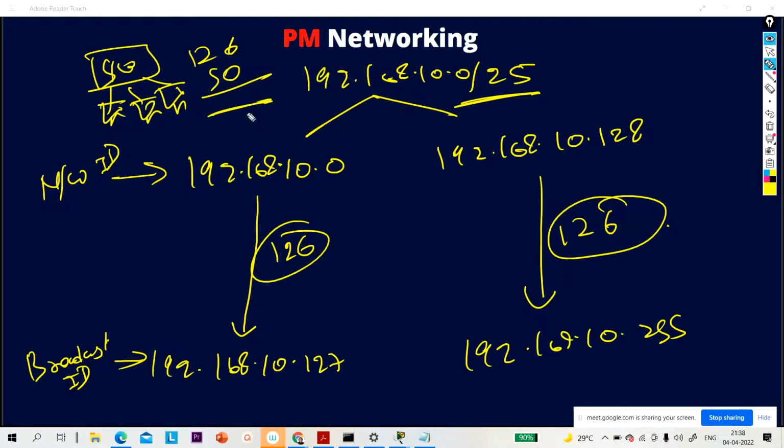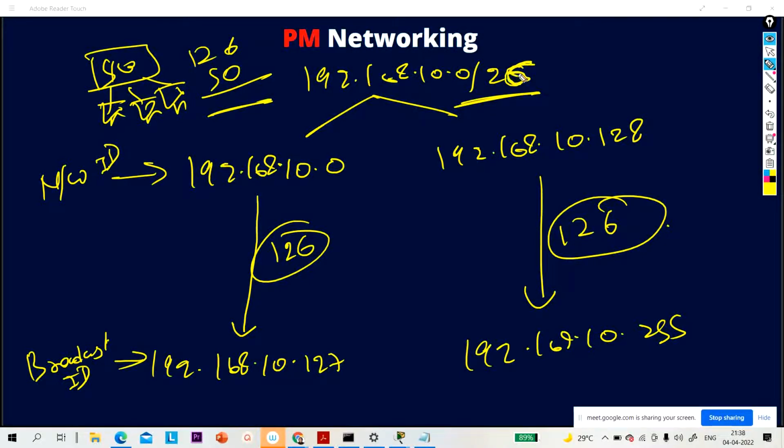So yes, I have reduced some wastage of IP addresses, but still I am wasting. So now we need to put slash 26 over here.